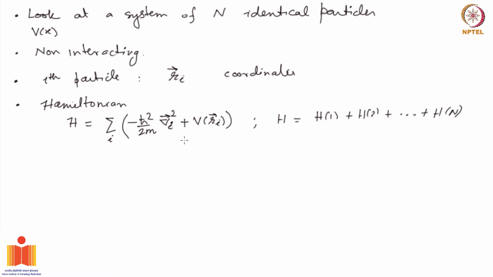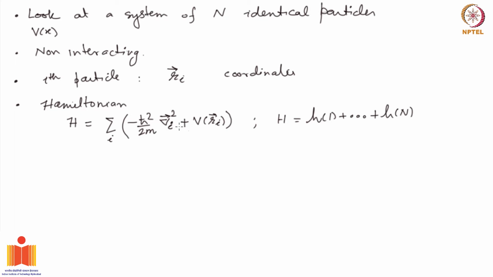Or maybe I should write not capital H but small h, which will make it resemble what we have already done. So h1, and where the small h is just this.